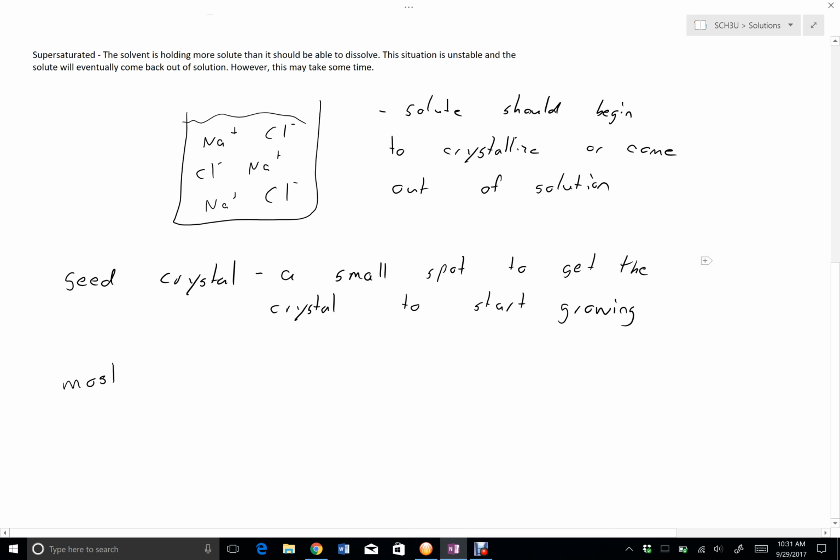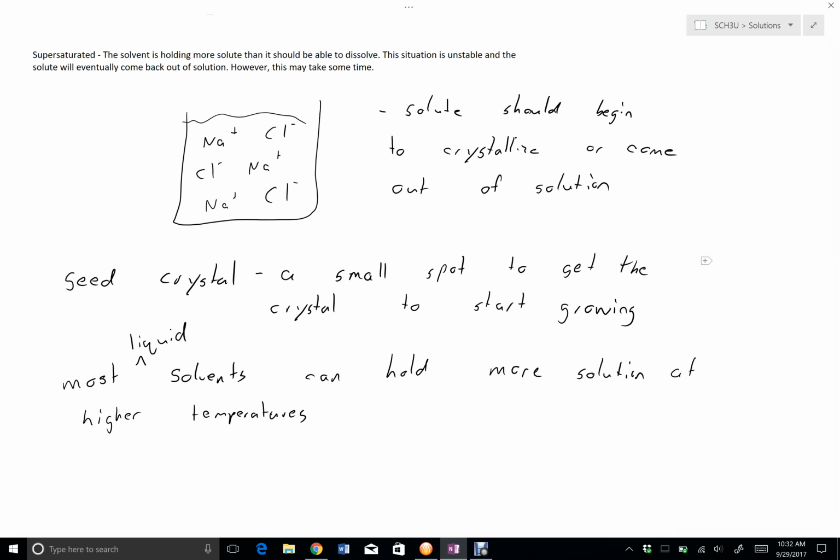Most solvents can hold more solute at higher temperatures. I should say most liquid solvents. This actually goes the opposite way for gases, but we'll talk about the solubility of gases later.